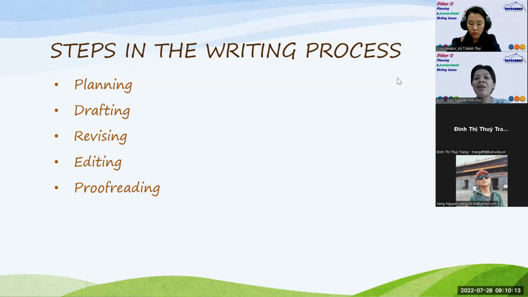So we will talk about this: in what situation do we need to organize these stages in class, and if we can't have the time, what other ways can we use to help the students go through the last three steps? Yeah, thanks. Okay, thank you.